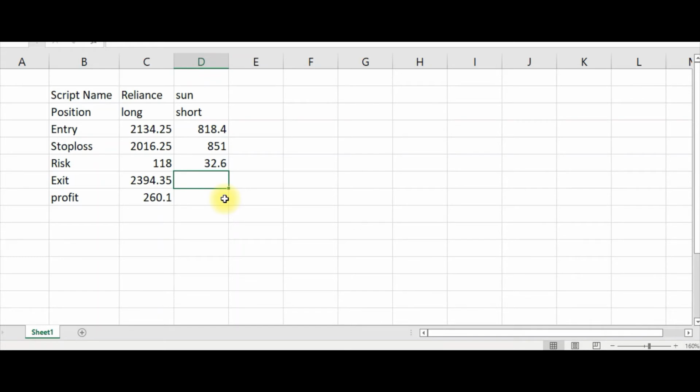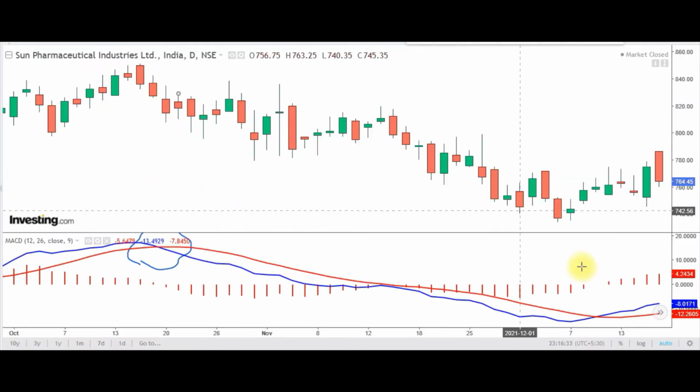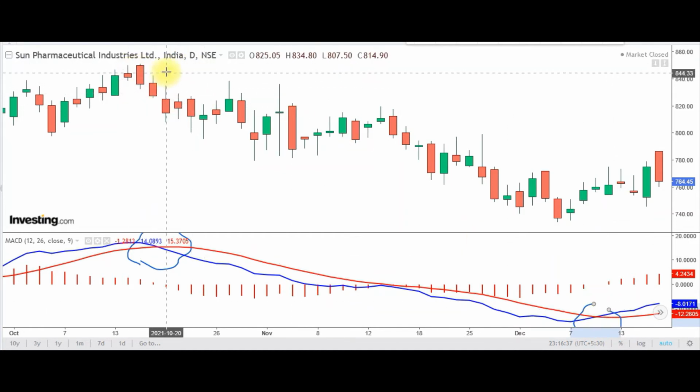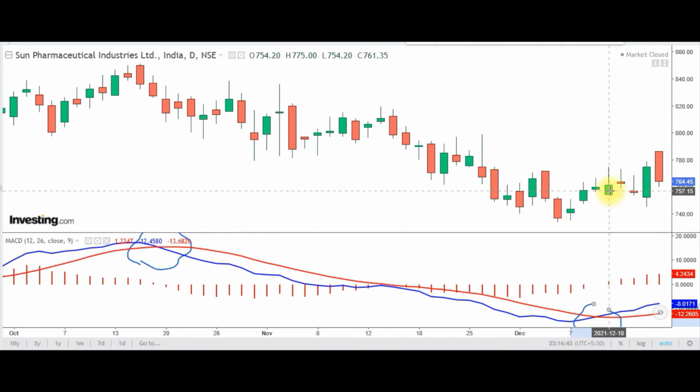And when would we have exited? This was a positive crossover. That means here we would short and here we would cover. So assuming the closing of this particular candle, we would have exited the position. The closing is 762.6.